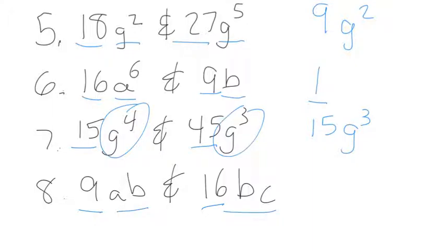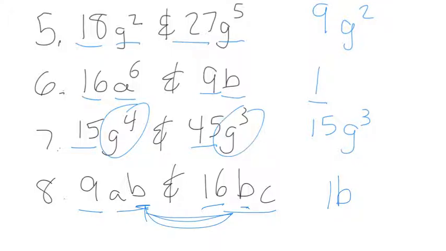Is there a common factor there? Well, they both have b, so there is a common factor of b. It's not b squared, because we're not multiplying those two. It's a common factor of just the b. You could say 1b, but putting a 1 in front of the variable doesn't mean much, right, Jonathan?